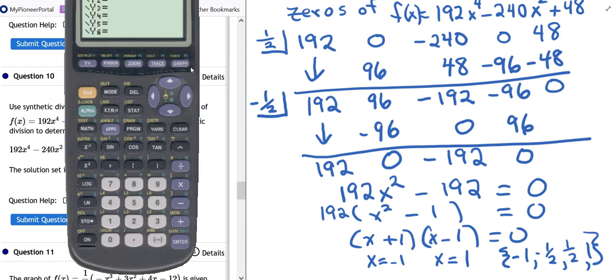I did. So let's say graph. And here's our graph, and I left my window change. Each of these units is 1, but I only went to -5 and +5, so we can see it a little bit better. So we can see these zeros. So this one looks like the -1, and this looks like the +1.